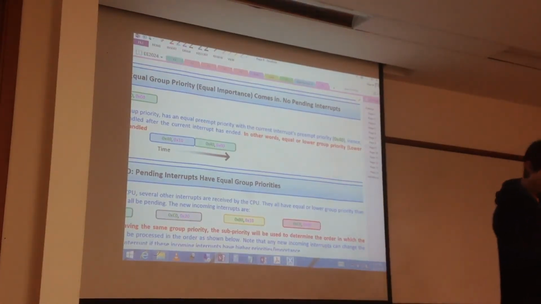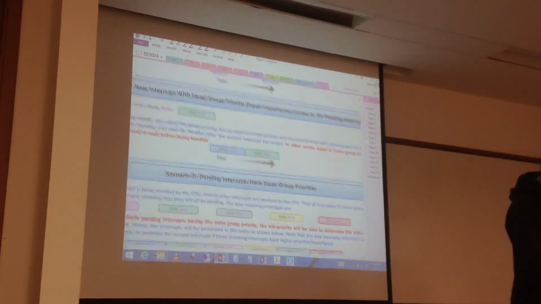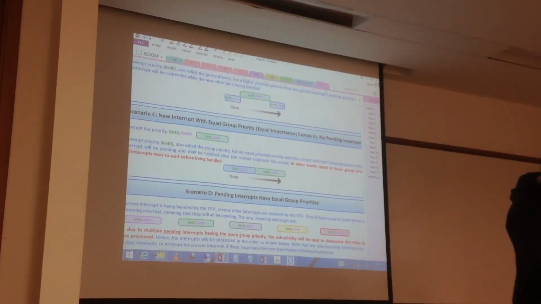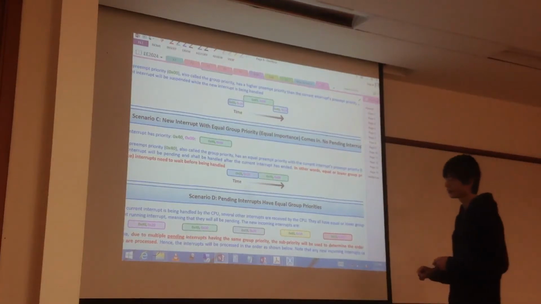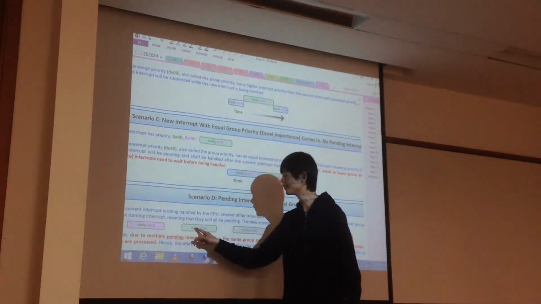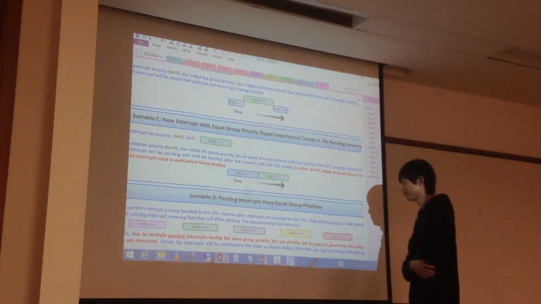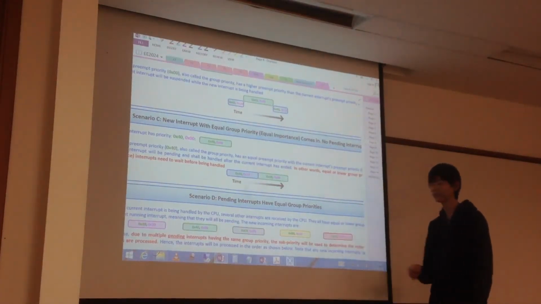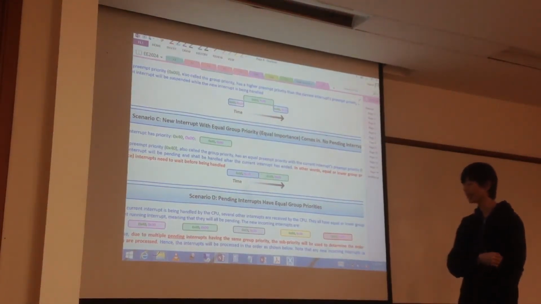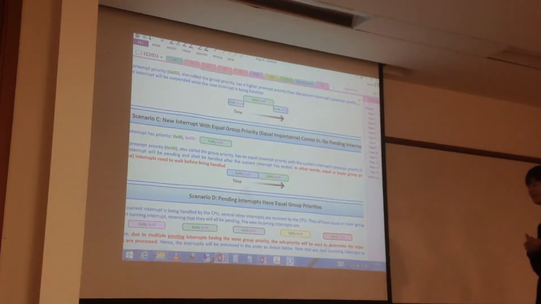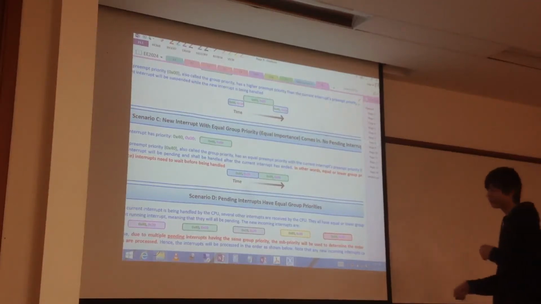Now, if you look at it, you can notice something. C0, C0. So the preempt priorities are the same. Actually, which one do you think should occur first?